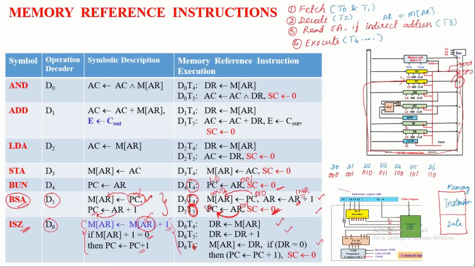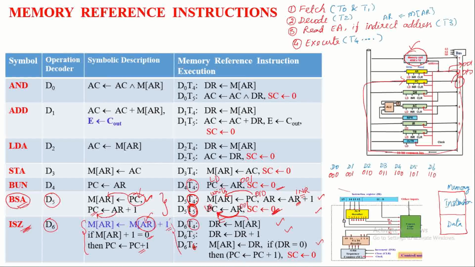Since in this operation the content of the memory needs to be incremented, and in the memory unit there is no signal available for incrementing the content of a memory word, the memory word first needs to be transferred to the data register during the timing signal T4.